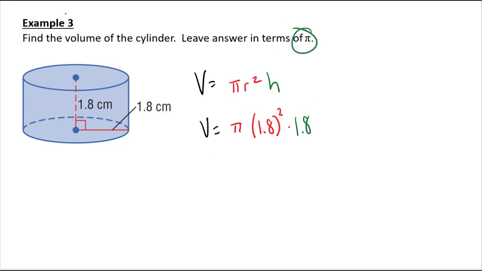They want the answer in terms of pi. That means that I leave pi hanging out. And we have 5.832 pi. Let me see what 1.8 to the 3rd power is. Yep. And that's the most exact answer. And I really like us to get those exact answers. Centimeters cubed.